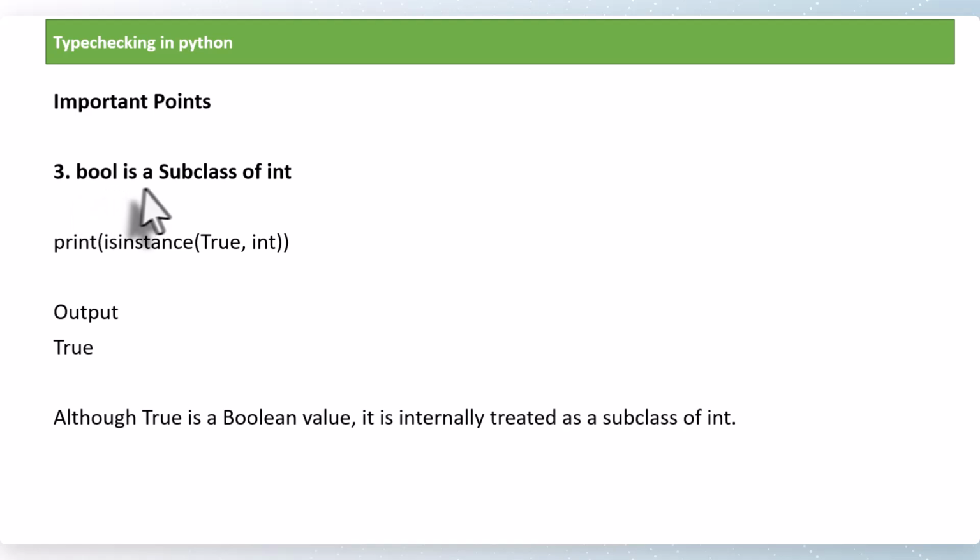And bool is a subclass of int. So you can use print of isinstance(True, int), because basically True is a boolean type, but boolean is a subclass of integer. That is the reason print of isinstance(True, int) is going to return true. This is a very important interview question.